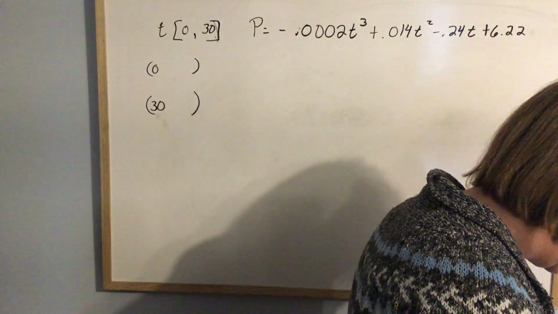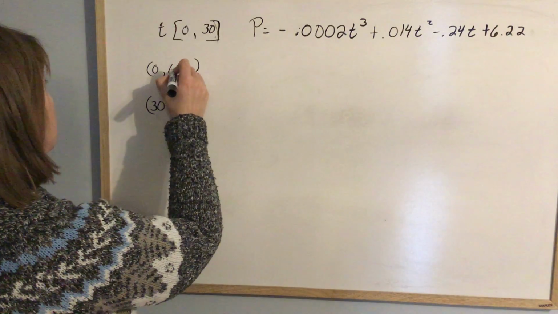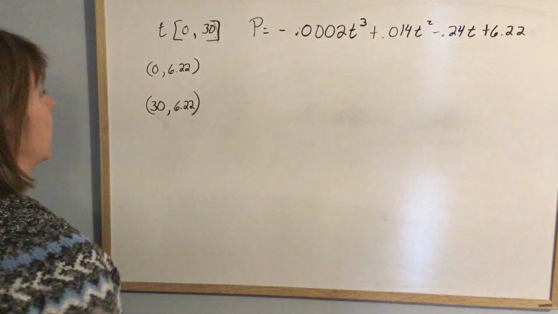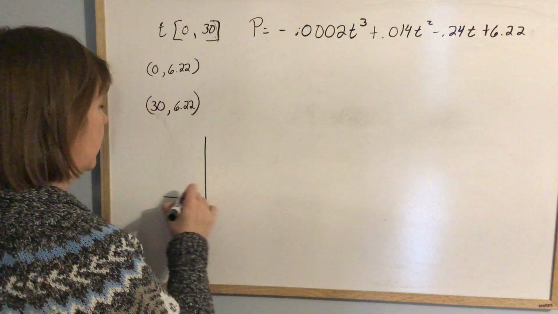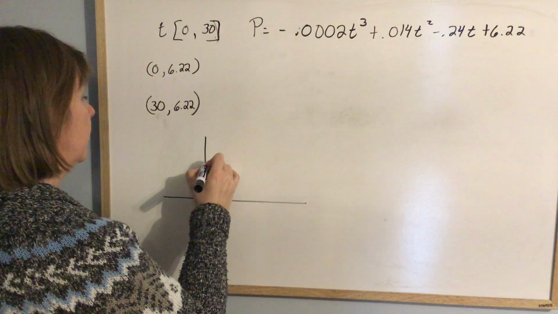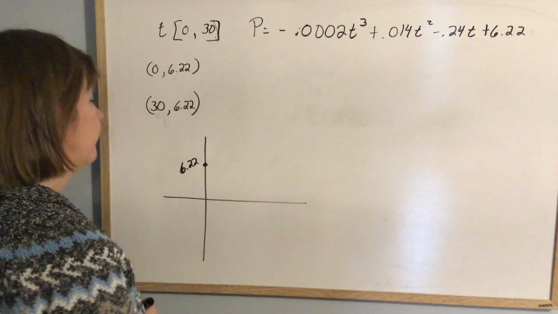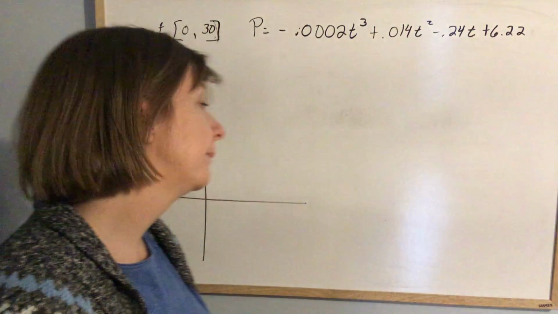Turns out that at 0, it's 6.22. And at 30, it's also 6.22. So before the candy is in your mouth, the pH level, the acidity level in your mouth is 6.22. So a little bit acidic because 7 is neutral.